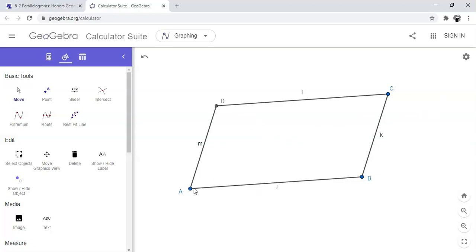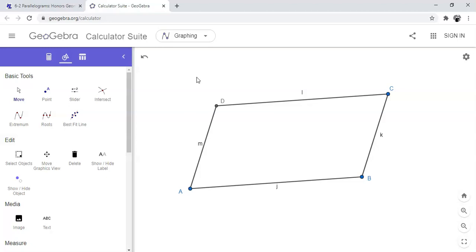Or sides DC and AB are parallel, and AD and BC are parallel. So what should we call this figure? A quadrilateral with both pairs of opposite sides parallel? Well, we're going to call it a parallelogram, right?